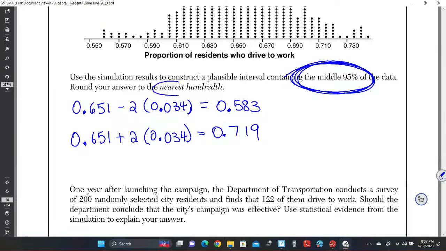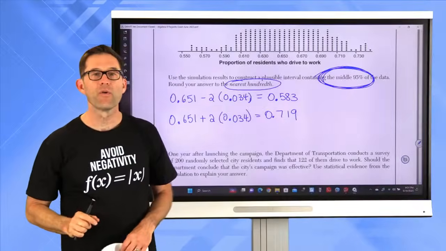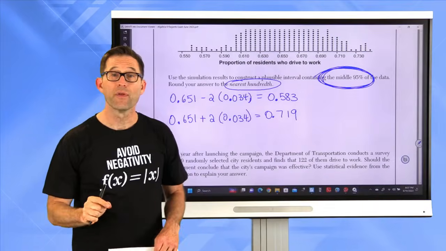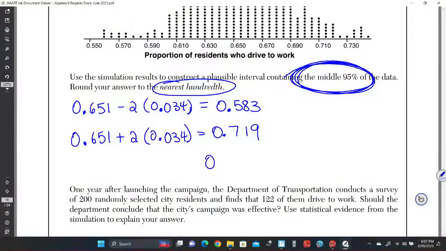Now, keep in mind, they want an interval that's to the nearest 100th, so we're going to say 0.58 to 0.72.